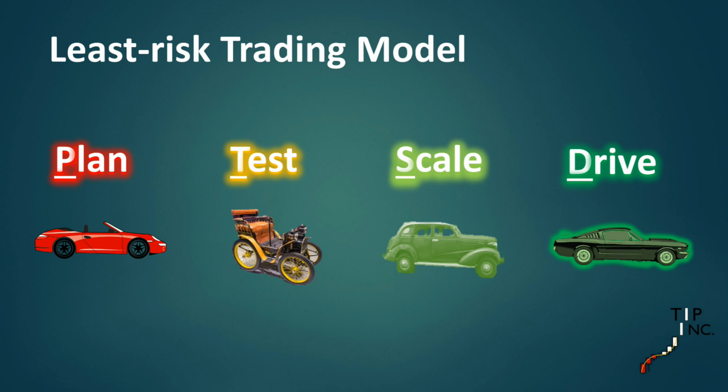You want to make sure that it can function so you can take it to the next level and scale it, and then eventually have something that is easily duplicatable and reproducible, and then you're off to the races, right? So first you plan, then you test with a prototype. Then you can scale, and then you can go fast. Okay? So an easy way to remember this model is PTSD: plan, test, scale, and then drive.